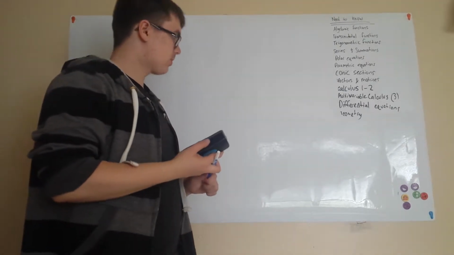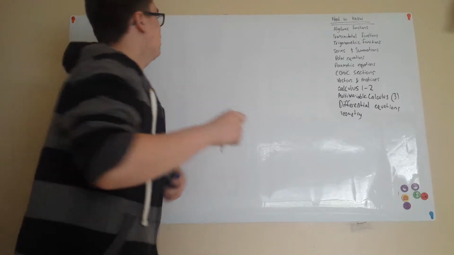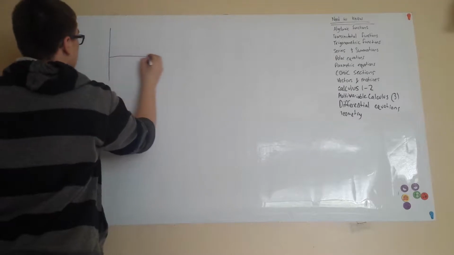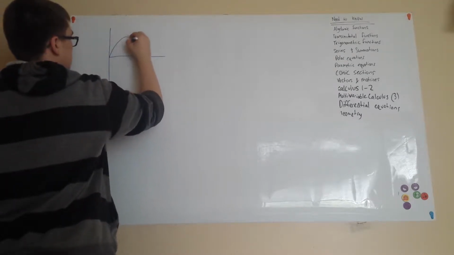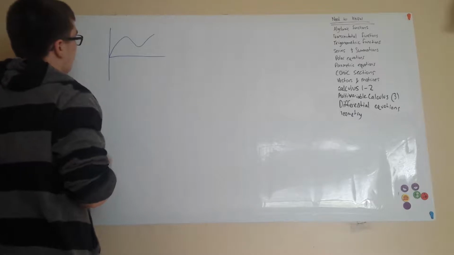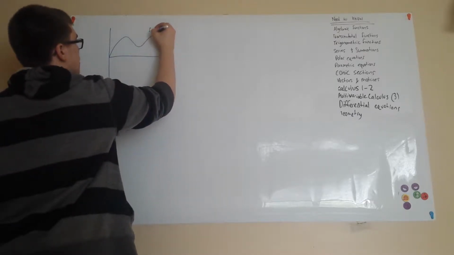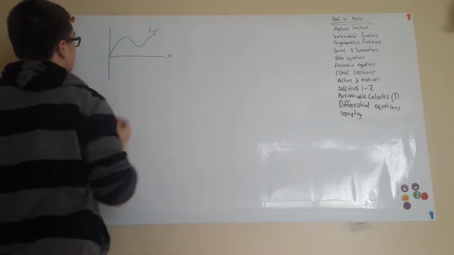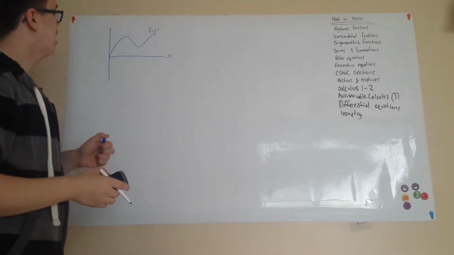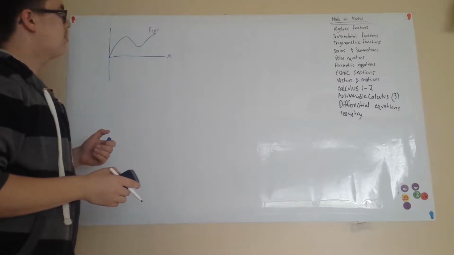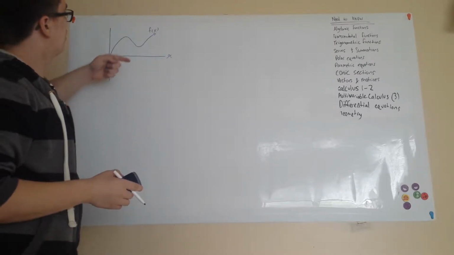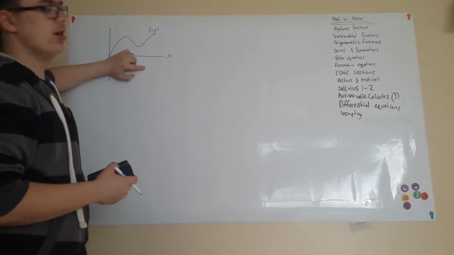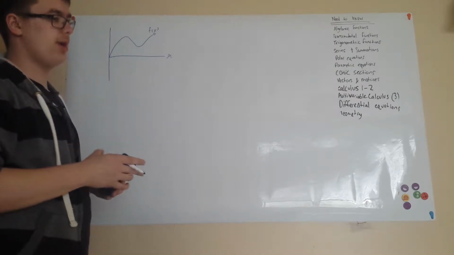So let's say I had a function, right? And I practiced, so I had this function right here. And this is f of x, here this curve, and this is the x-axis. And imagine kind of rotating this function around the x-axis.